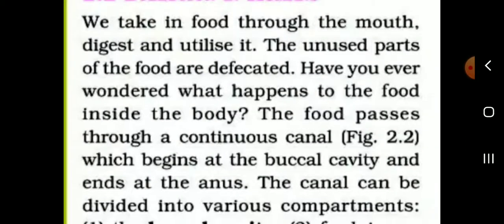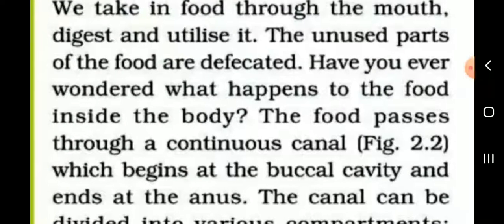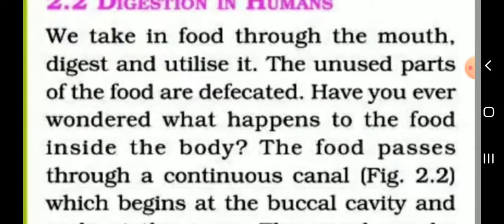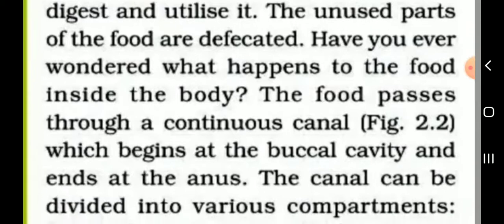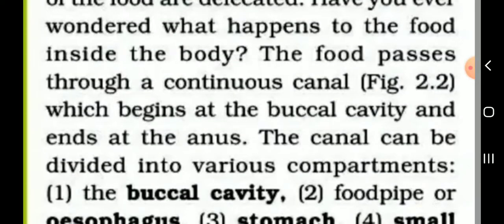Next, digestion in humans. Define digestion: the complex substances convert into simple substances. Listen, students, we take in food through the mouth, digest and utilize it. The food passes through a continuous canal which begins at the buccal cavity and ends at the anus.